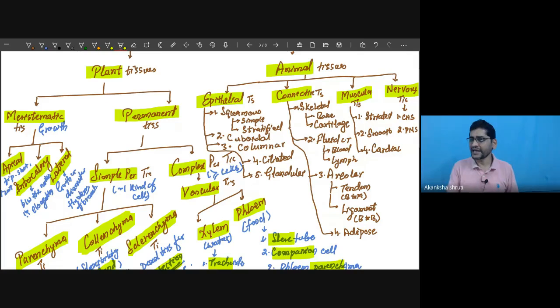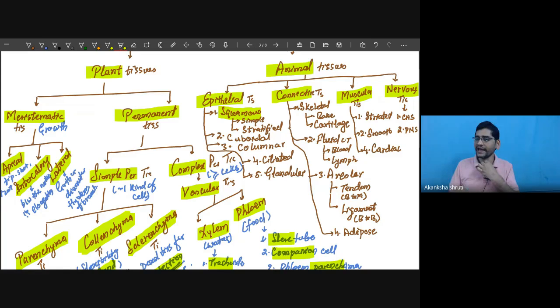These epithelial tissues may be very thin or slightly thicker. Very thin epithelial is called squamous, and if it is a single thin layer, it is called simple squamous. These thin layers are placed one over another so that it becomes slightly thicker, like our outer skin is thicker than our inner lining.